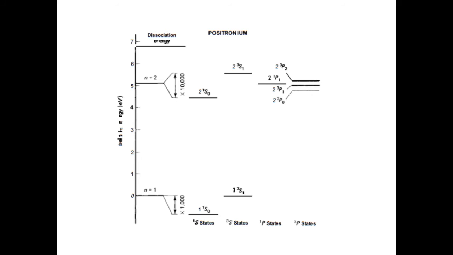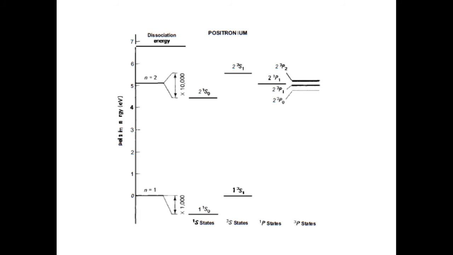And this is basically the states. If you noticed, I had earlier talked about the state being labeled as n to the power of 2s plus 1 lj, right? So when that is applied right here, we get these states. Like for 1s states, we get 1 and 2, and how they are expressed in terms of electron volts.